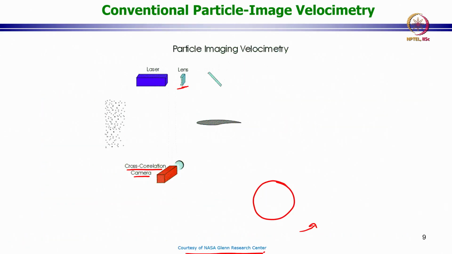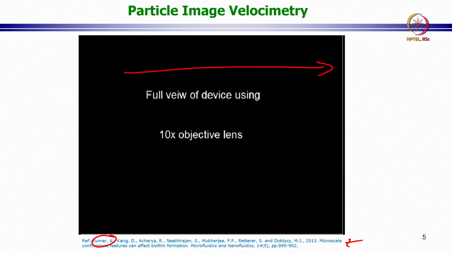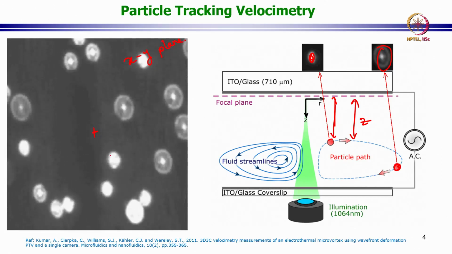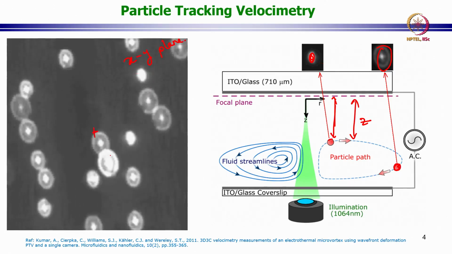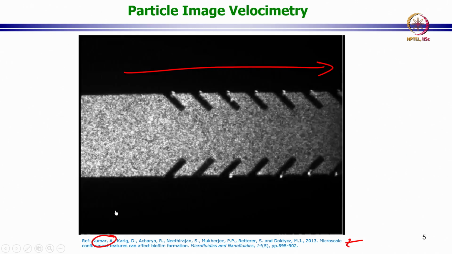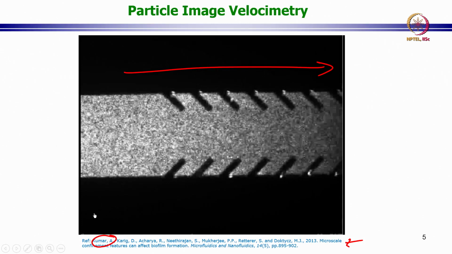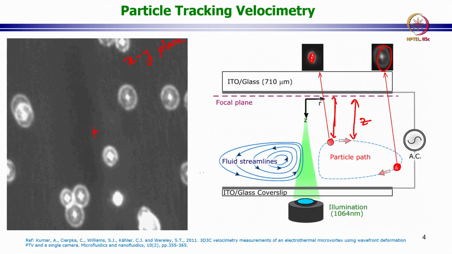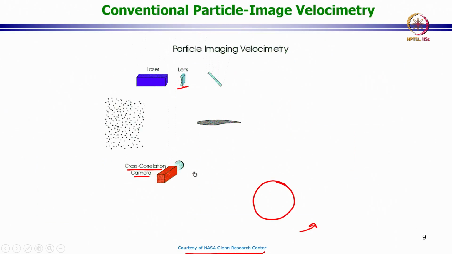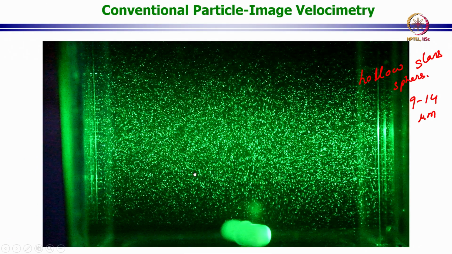Whereas in the videos that you saw before, for example in this particular video, these are 2 to 3 micron polystyrene particles suspended in water. In both this video and the previous one, these are fluorescent imaging cases, whereas in this case the glass spheres are not fluorescent, they are just scattering the light shining upon them.